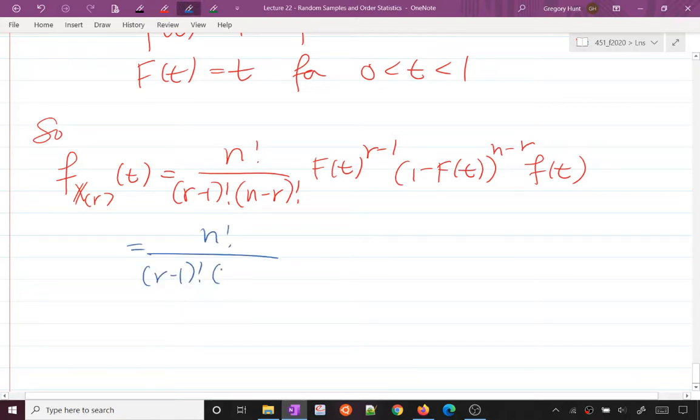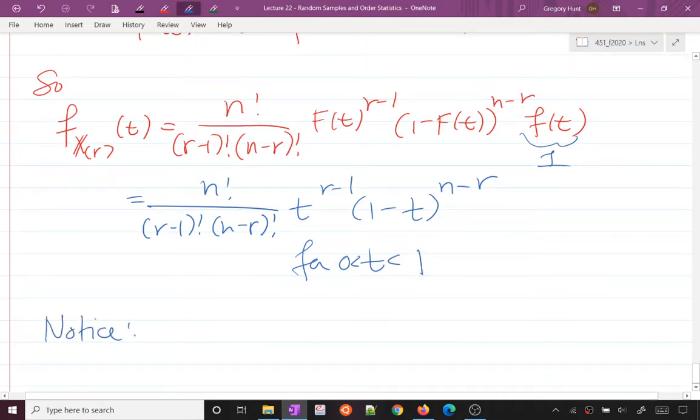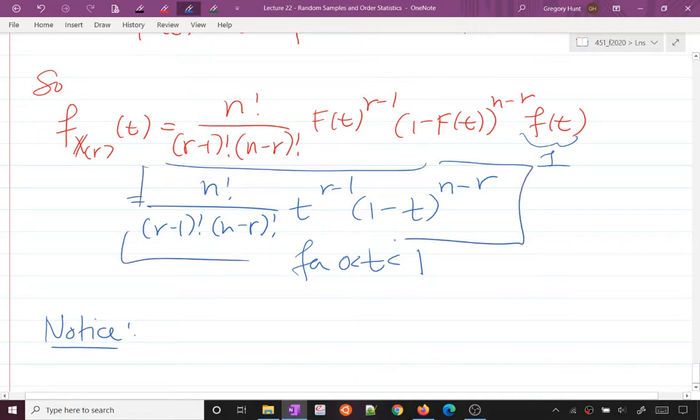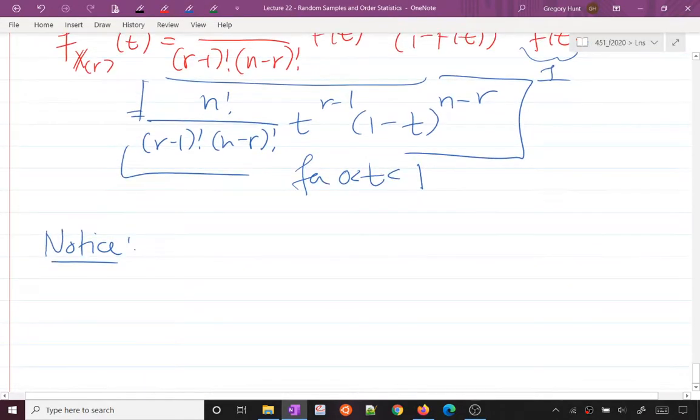And of course we can just plug in for what these things actually are. My factorials out front don't change. F of t is just t, so t to the r minus 1. 1 minus F of t is 1 minus t to the n minus r. And little f is just 1, so we don't even write it. This is as long as t is between 0 and 1. And we can notice that this, which is our PDF of the rth order statistic given a uniform random sample, is basically a beta distribution.